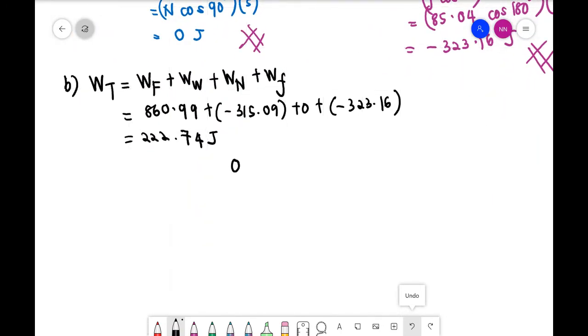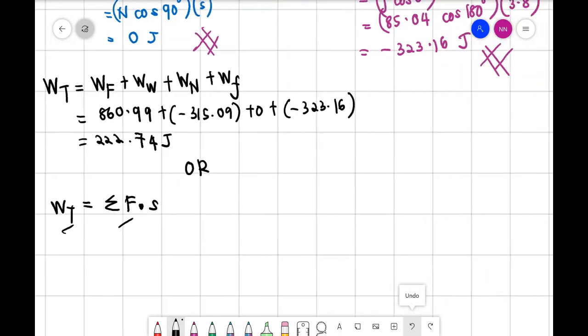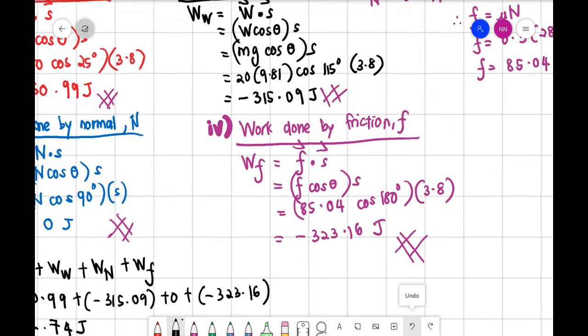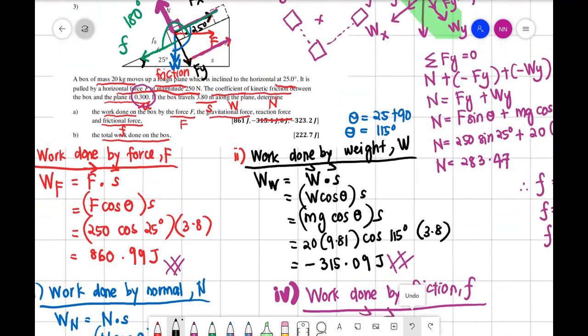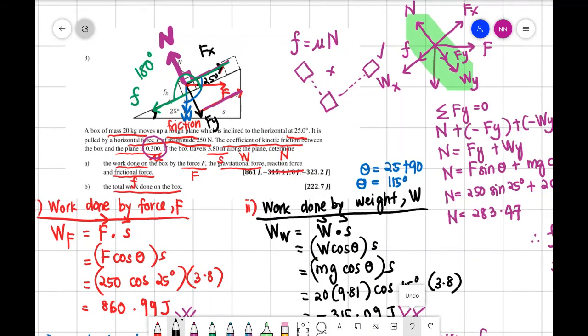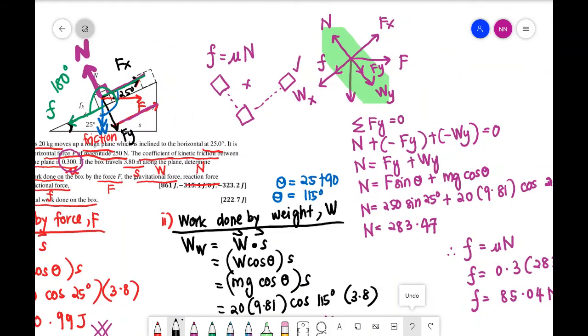Okay, so we have another method for this one. Work done total can also be calculated by using net force dot displacement. Work done total equals force total dot displacement. So we have to identify which forces are parallel to the displacement. We can look at this one.